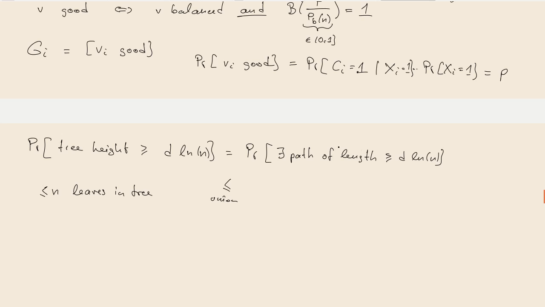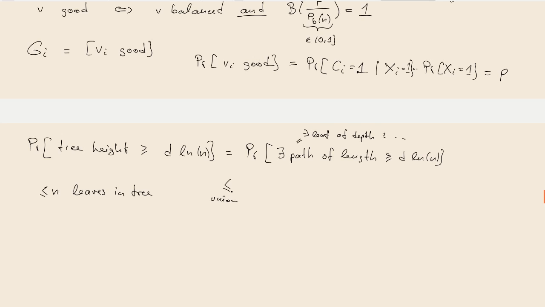And then this is essentially saying there exists a leaf of depth greater or equal this, right? Any path has to go to a leaf. And then because we have at most n leaves, we have at most n independent chances to get to this depth. Well, they're not independent. We have n chances to have a long path.